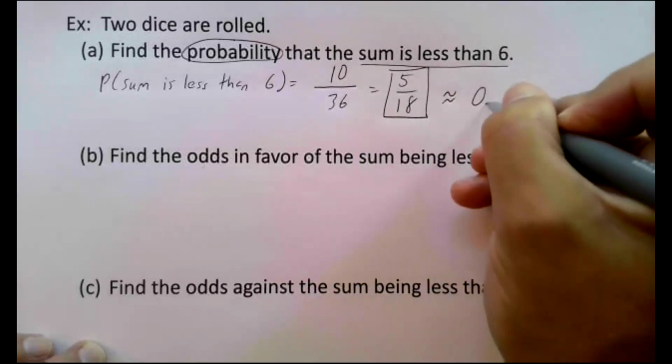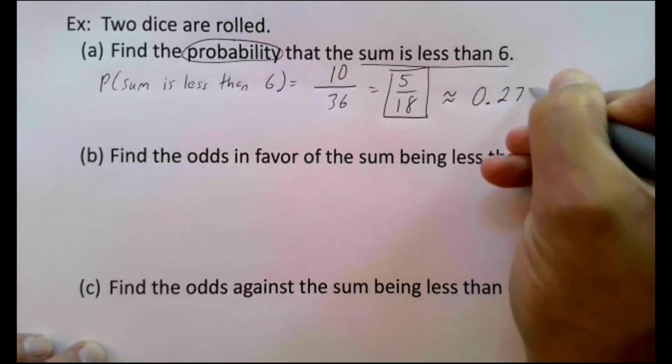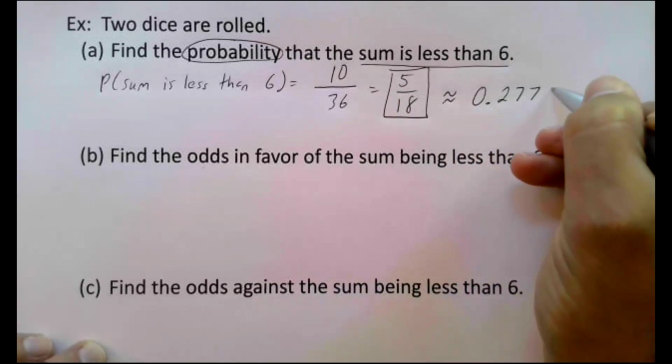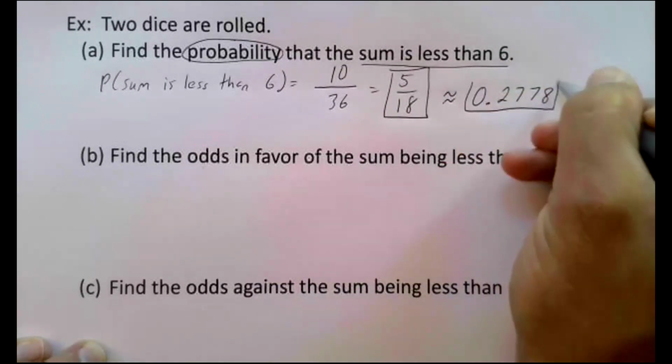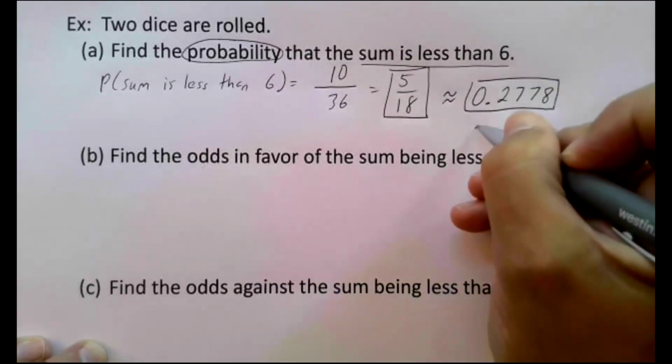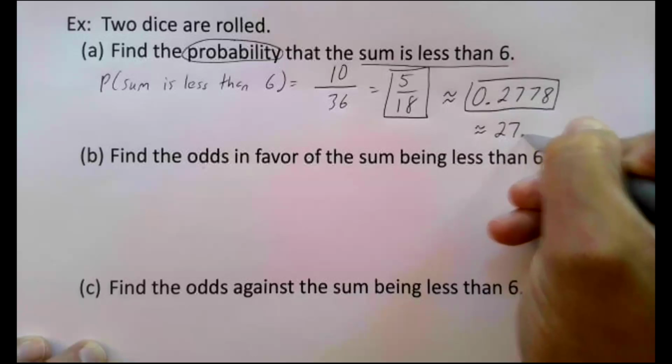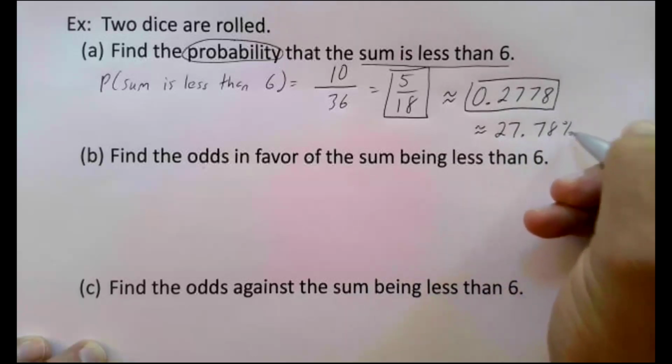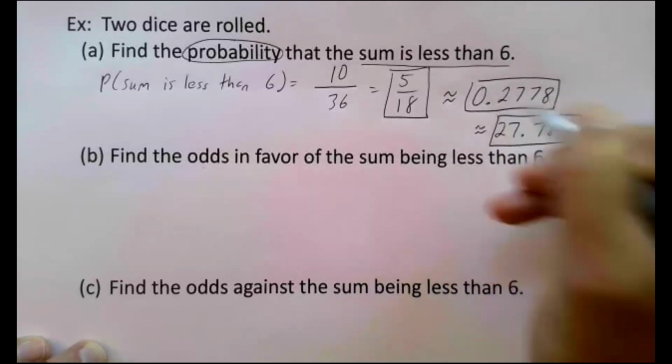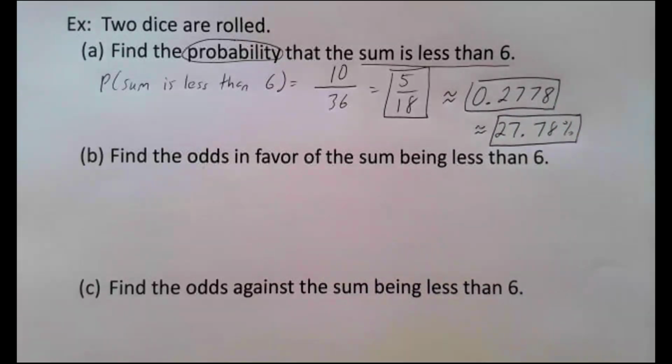There's a bunch of sevens, but it's going to bump up to an 8 if you're rounding off. Just over 27, almost 28% of the time, we would expect the total to add up to something less than 6 if we rolled a pair of dice.